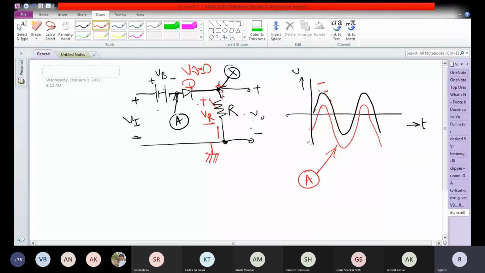So therefore, when the diode conducts, the voltage at point X follows A. Therefore, the same waveform we got before. Here the diode D1 conducts. Let me draw the output waveform. So this is the output waveform.